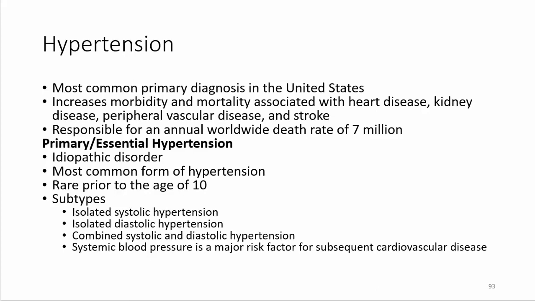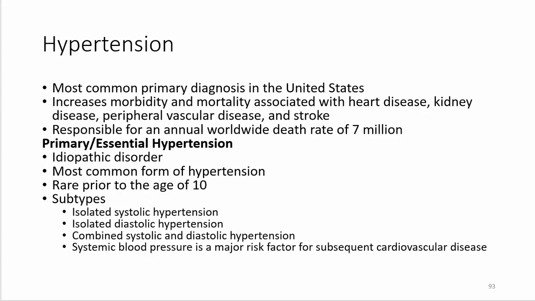So, isolated systolic hypertension is when the systolic number goes really high and the diastolic number doesn't. Isolated diastolic is a very high diastolic with fairly normal systolic numbers. Most of them are combined systolic diastolic hypertension, where both of them are elevated.